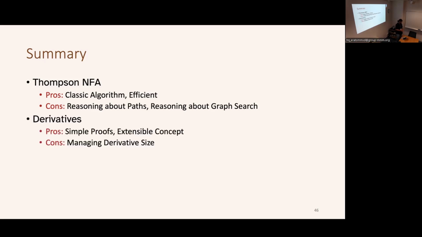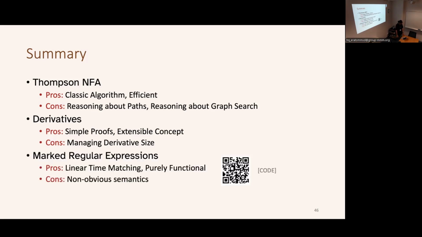With derivatives, we have very elegant mathematical objects, and the proofs are simple as long as we understand what derivatives are. And the concept is quite extensible because people, as we saw, have taken it into various problems related to regular expressions. The difficulty is keeping the derivative size small.